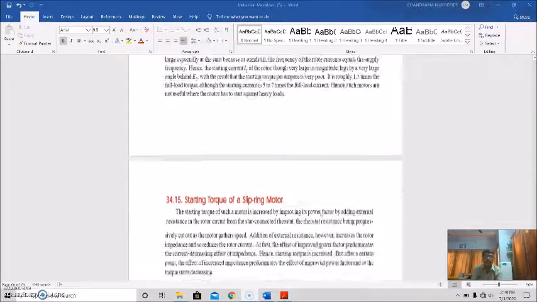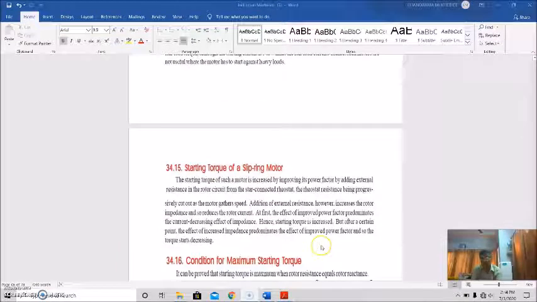In case of a slip ring induction motor, the starting torque is increased by improving its power factor, by adding external resistance in the rotor circuit from a star connected rheostat, with the rheostat resistance being progressively cut out as the motor gathers speed. The addition of this external resistance increases the rotor impedance, and so reduces the rotor current.